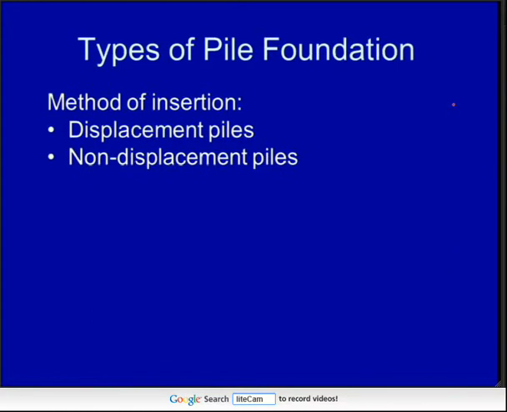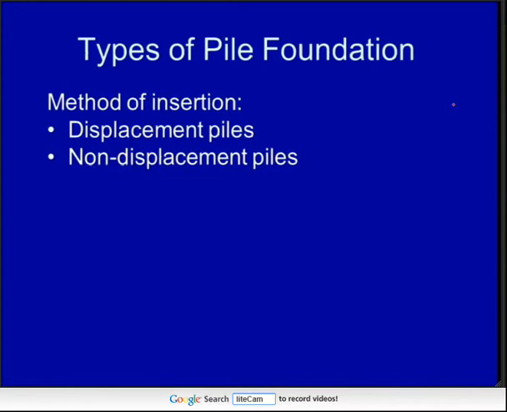This is because we need to understand something about method of pile insertion. We're going to have to make design decisions, and those design decisions are going to be based on what happens to the ground as we put the piles in place.